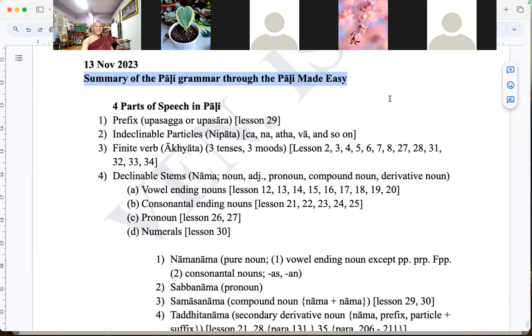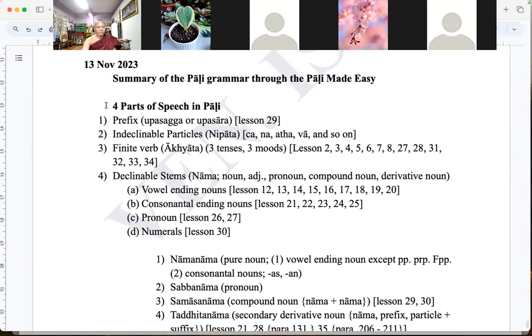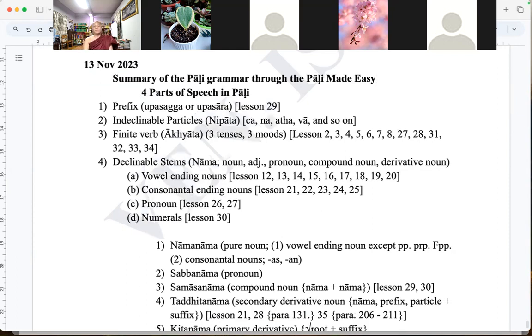So Bante said the way that we will do is translation of the three suttas as the exercise. Of course we also cannot remember the whole structure of Pali grammar like this, Bante.